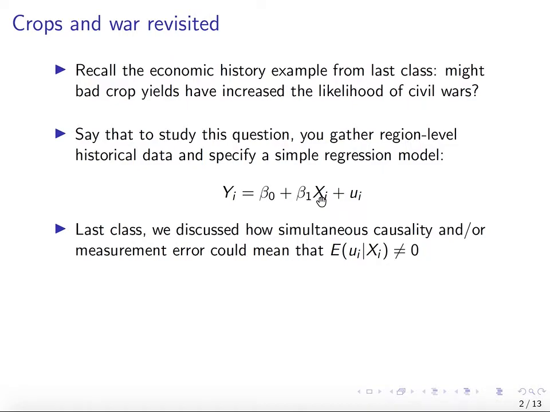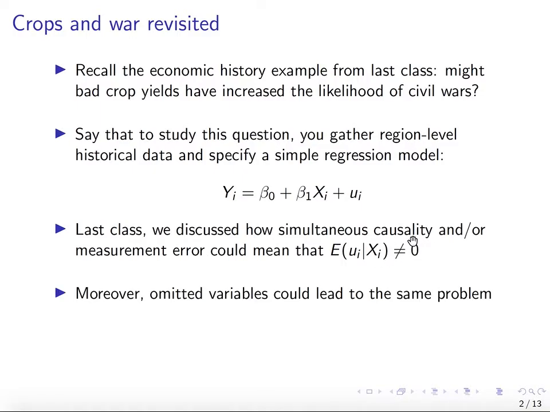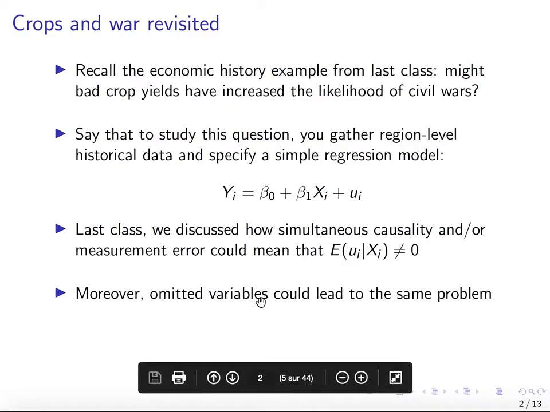If these and other possible issues are true, then we would not get that our expectation of ui given xi is going to be 0. This is going to fail, and we will get that it is actually different from 0. And this is not even mentioning the fact that you may have omitted variable bias on top of all of that.